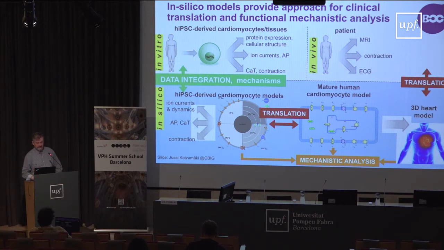All this is available from in vitro, and this from the patient. And if we can make this in silico model of these cells that are in the dish, of course we can look at how these ion channels are there, how we should modulate them so that it resembles the patient cell. And maybe then we can translate that to adult cardiomyocytes and put those cells in the real heart. So this is just one piece of the puzzle.